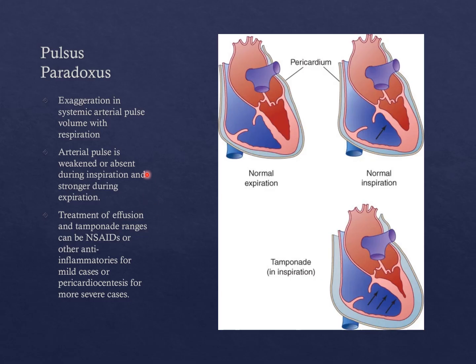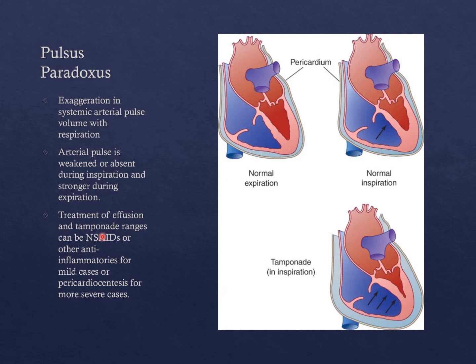And then when they breathe out, that pulse would become much stronger or potentially even bounding. And normally for people, when you're palpating a peripheral pulse during inspiration and expiration, you don't really appreciate too much of a difference in that pulsation, but that changes significantly in cardiac tamponade.